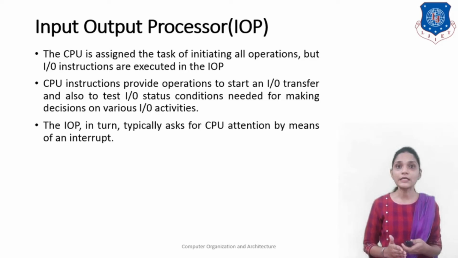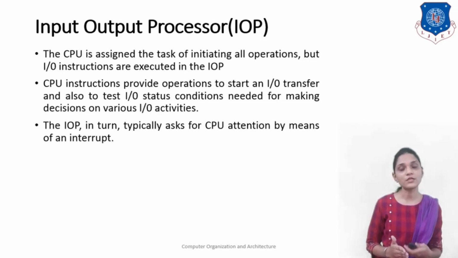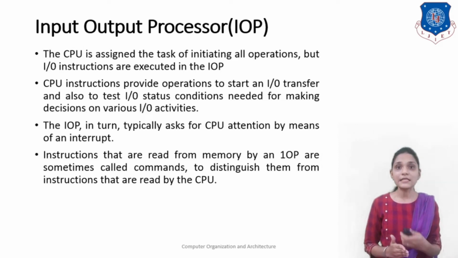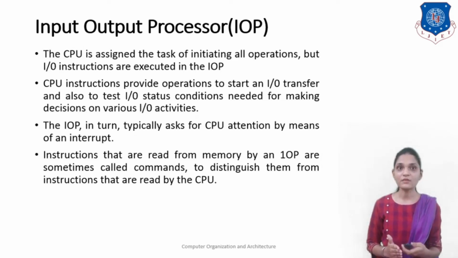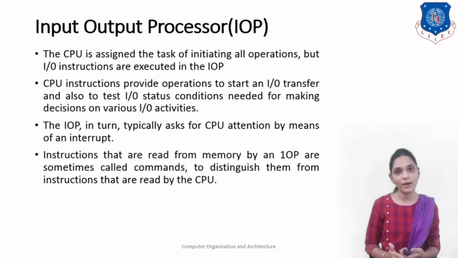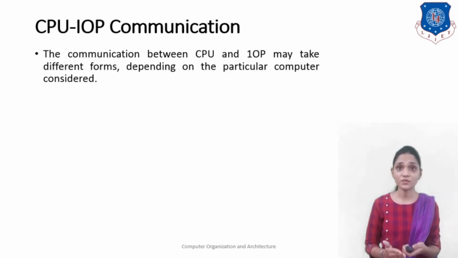The IOP in turn typically asks for CPU attention by means of an interrupt. The instructions that are read from the memory by the IOP are sometimes called commands to distinguish them from the instructions that are read by the CPU. So you can call it a command rather than an instruction.